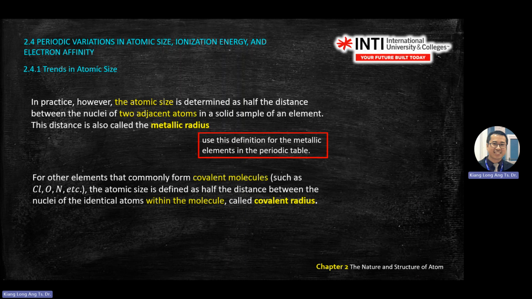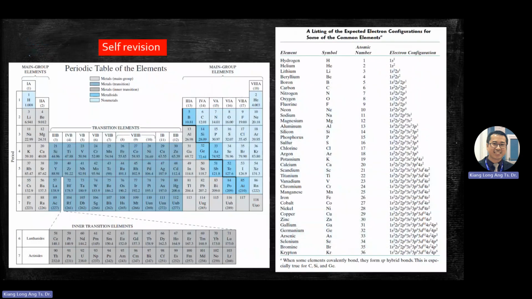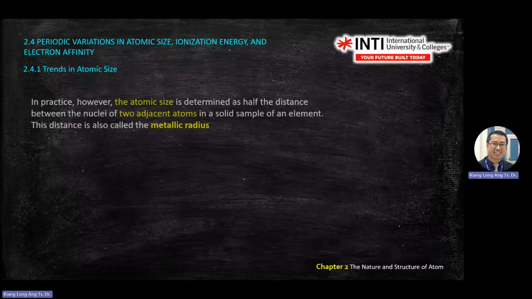Okay. Now we want to see that by observing this periodic table, you should be able to tell the size of the orbit and how it affects the electromagnetic behavior. So first, the size of the atomic.